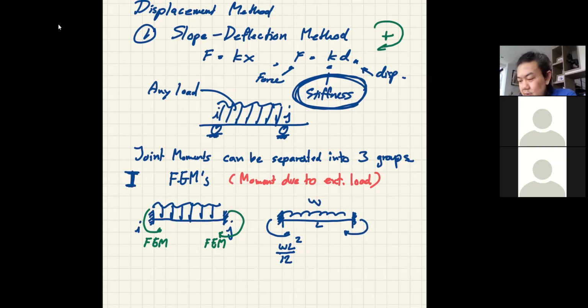Trying to resist the external load. So this one is negative, minus WL squared over 12 always. And this becomes WL squared over 12. So whenever you have the uniform load throughout the span, the fixed end moment is always equal to WL squared over 12.